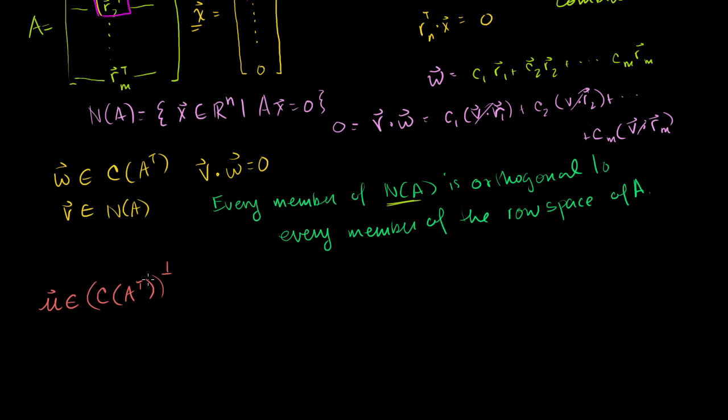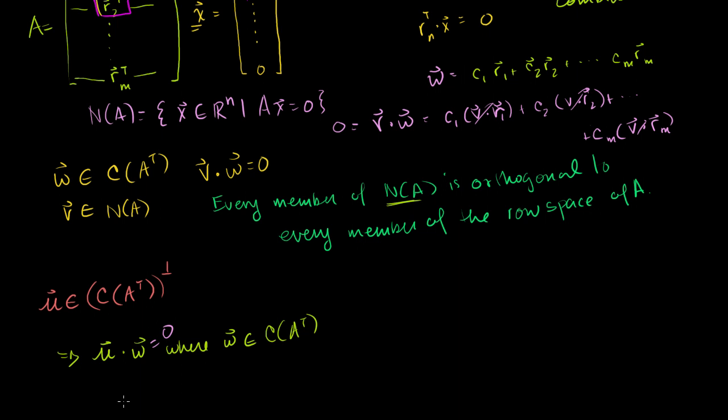So if we know this is true, then this means that U dot W, where W is a member of our row space, is going to be equal to 0. Let me write this down right here.